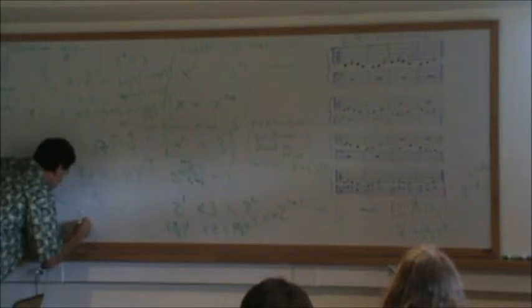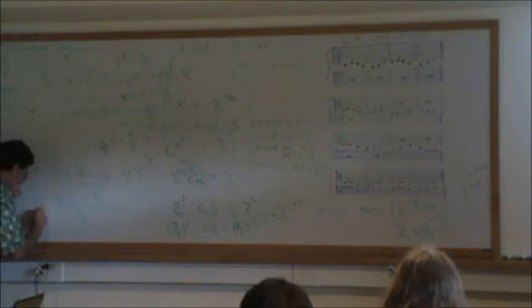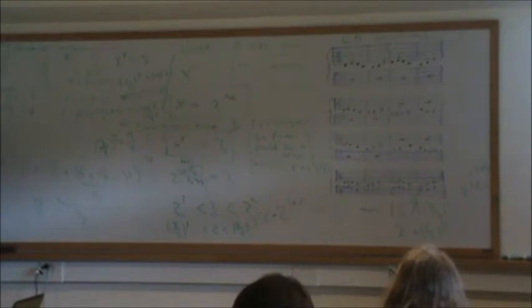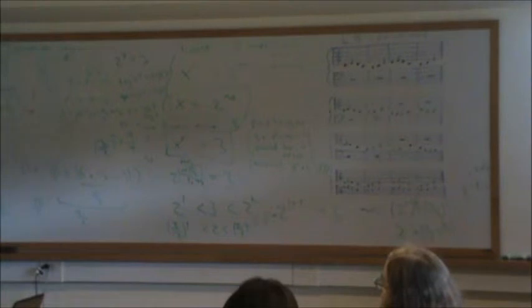Now invert that one, five sevenths, and add it to this, 12 sevenths, and then we'll just invert it. So this gives you 1 plus 7/12 is this number here.